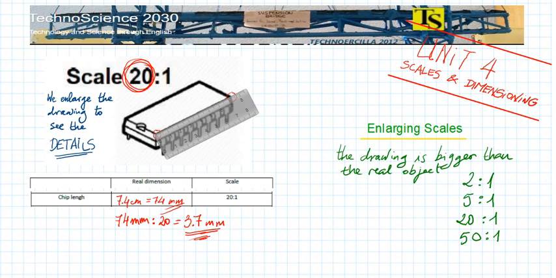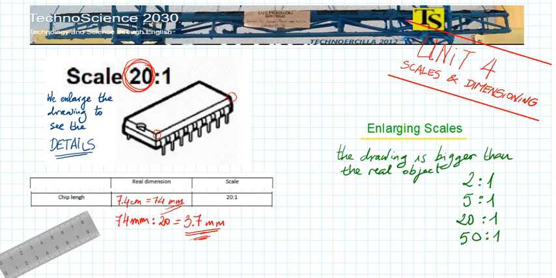Now imagine that you have to dimension the chip. You have to use auxiliary lines and dimension lines. So we use, for example, this auxiliary line, like this, and now the dimension line. Normally we use arrows.